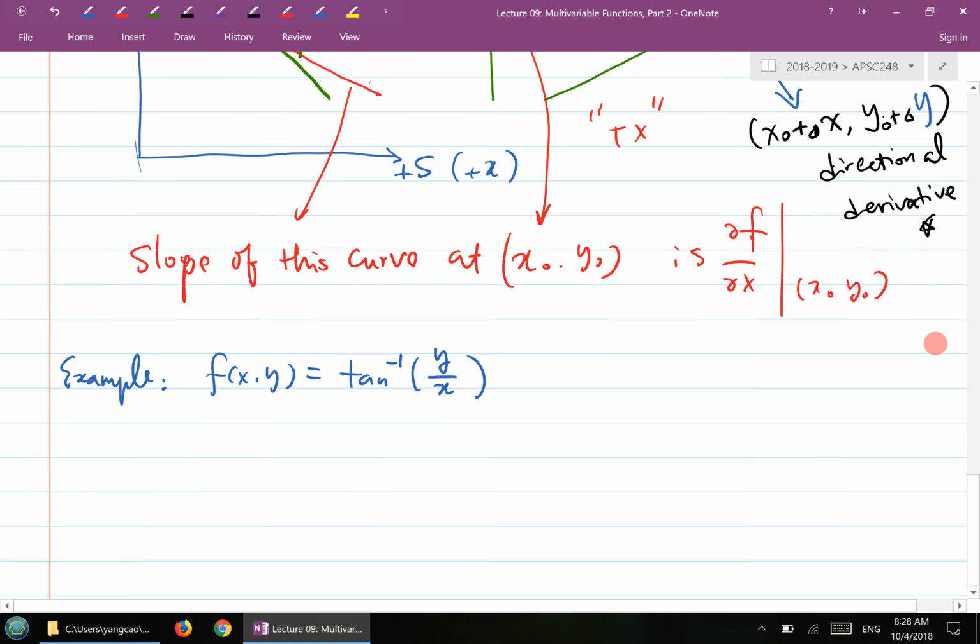Here is a function of 2 variables, and we want you to verify that this expression is equal to 0.